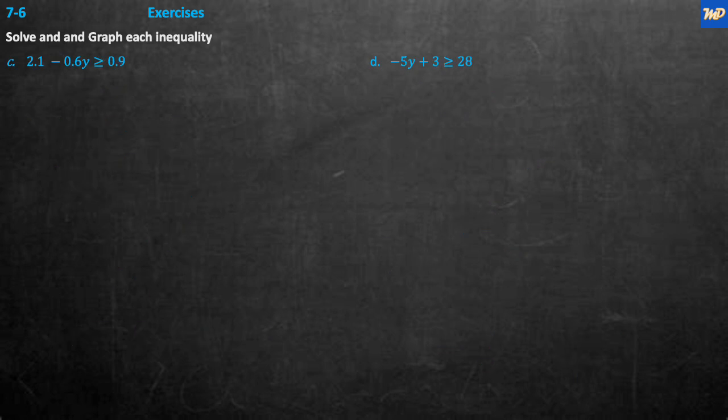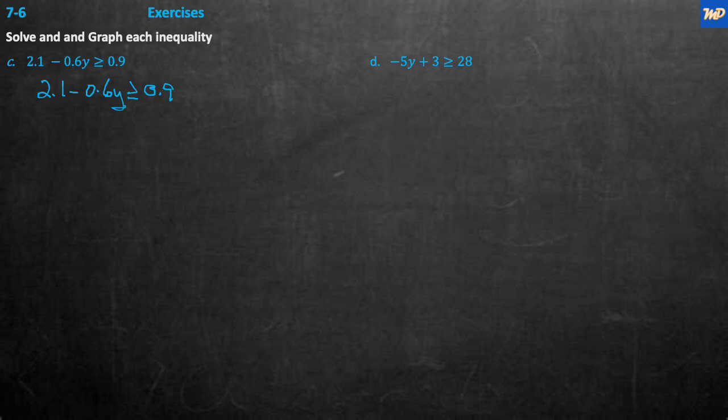Okay, so for our last two problems in this section, solve and graph, let's start with C. So we have 2.1 minus 0.6y is greater than or equal to 0.9. So we have the y is already on the left, I kind of like it.